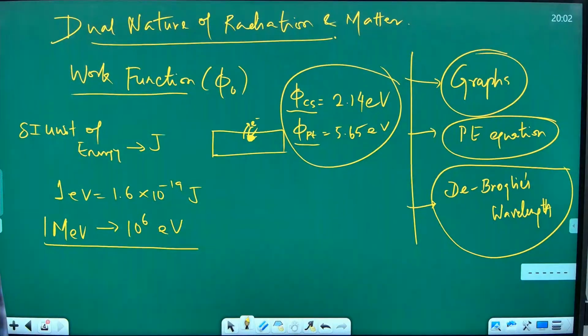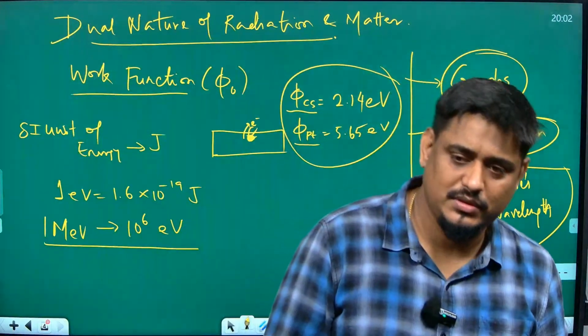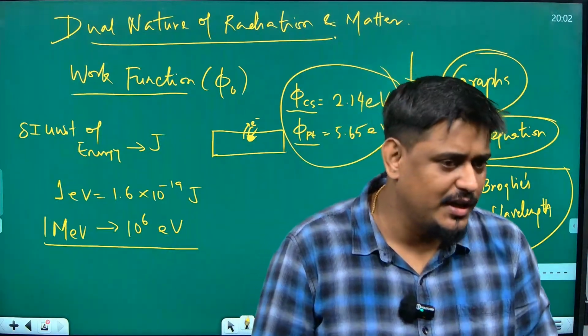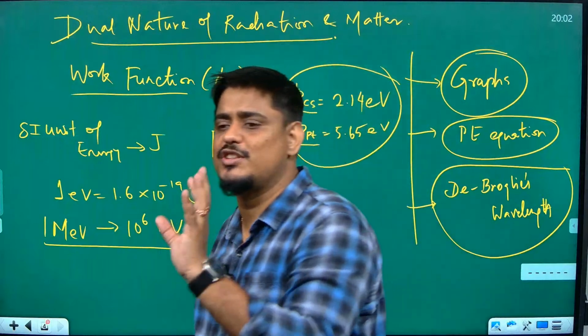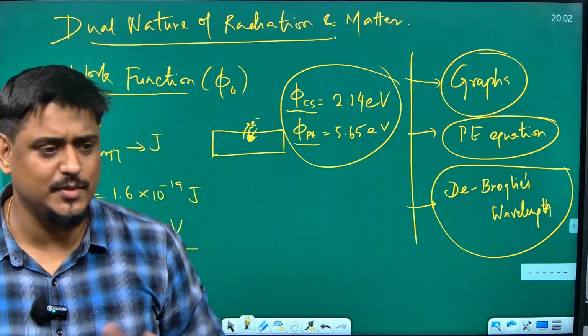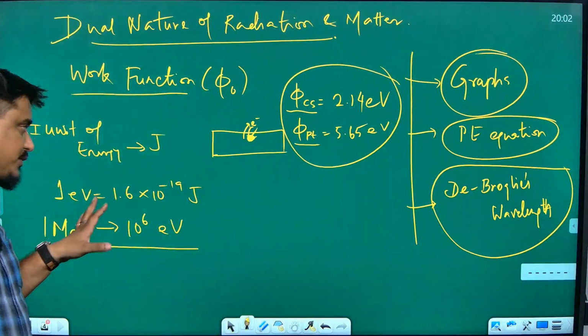So whichever element you take, if you supply 1.5 eV, nothing will come out because no metal has less than 2.14. And if you supply an energy of almost 6 electron volts, whichever metal you take, it will eject the electron because the work function is less than that for all the elements. That is about the work function.